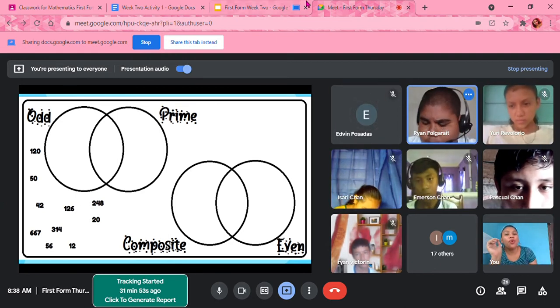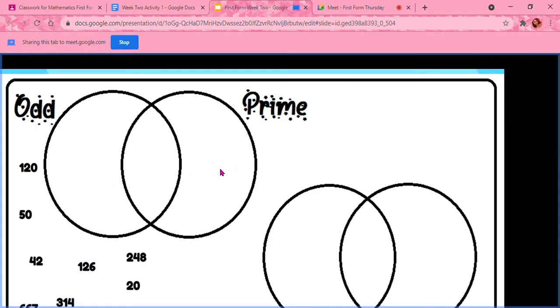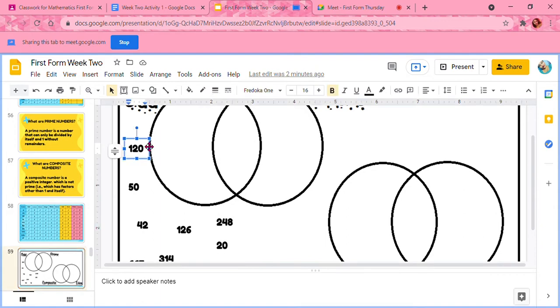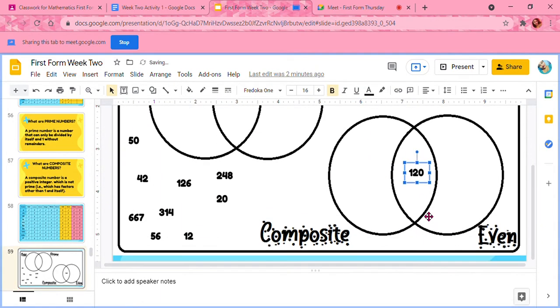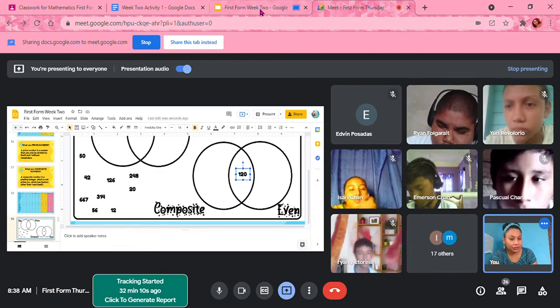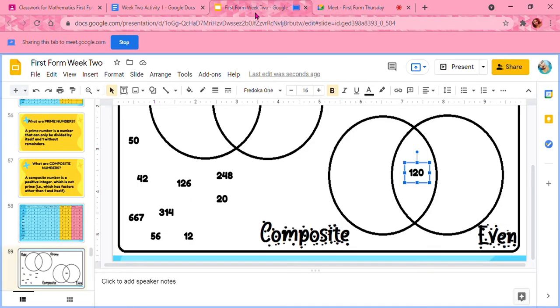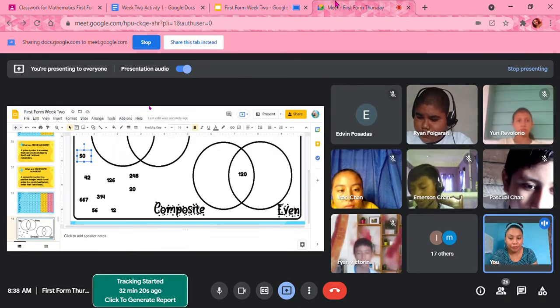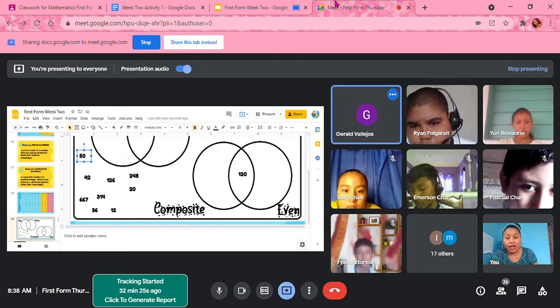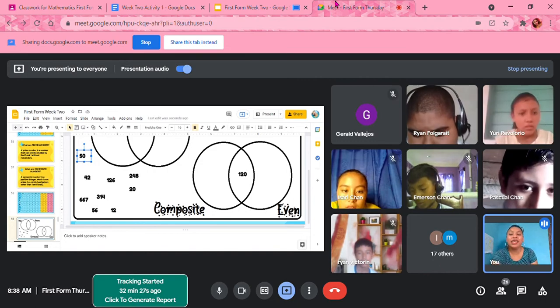So if 120 is both composite and even, I'm going to put it right here. Let's look at the number 50. What kind of number is 50? Even.